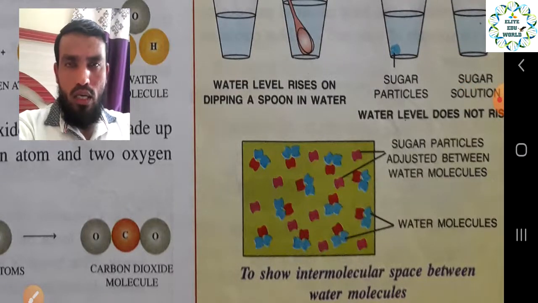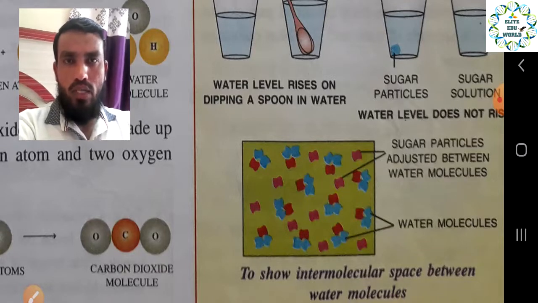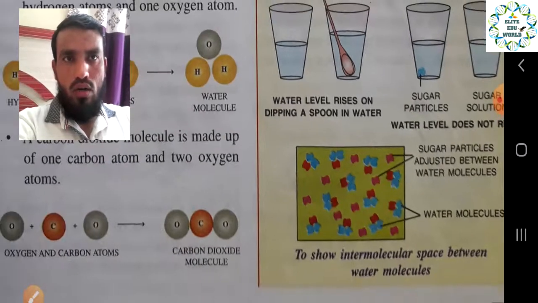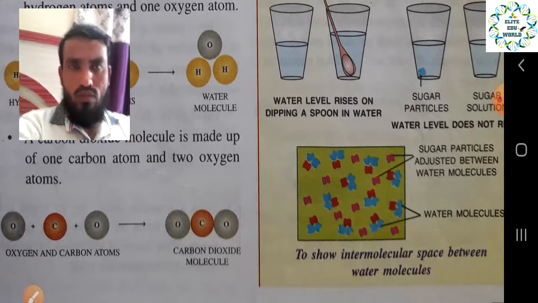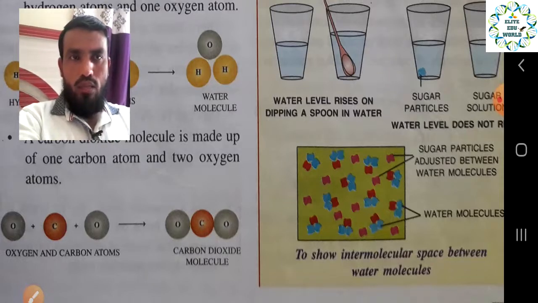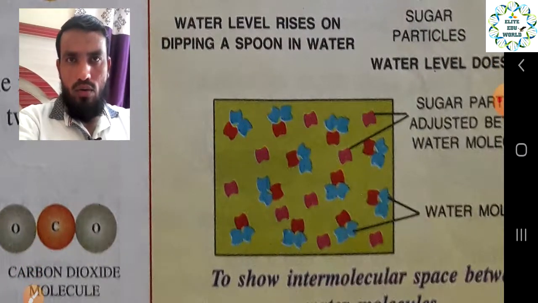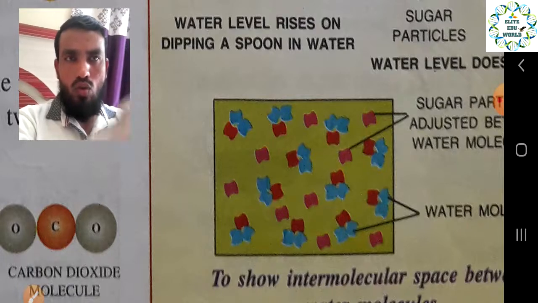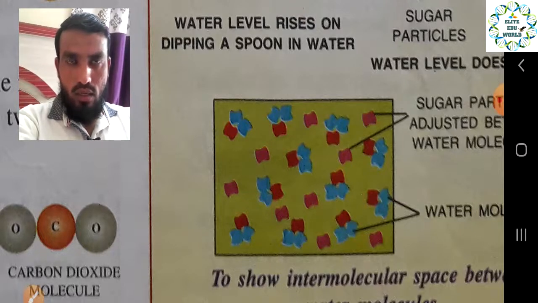When we talk about a solid material, there is very little intermolecular space. It is very tightly packed together. That is why a solid will not break down or dissolve easily, because the molecules of the solid are very close together, while the molecules of a liquid have a little more space between them. And the molecules of a gas have much more space between them. Why does the space between molecules change?